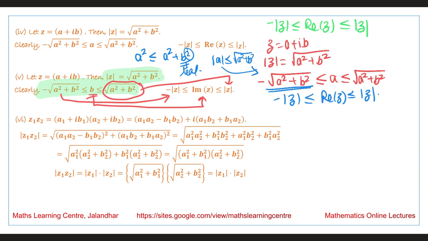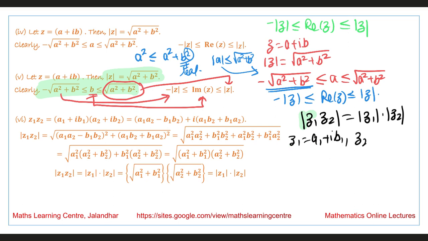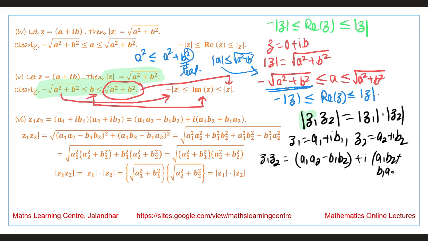Next, the next result we have to prove is that mod of z1 z2 is equal to mod of z1 into mod of z2. So if we take these two numbers, z1 is equal to a1 plus iota b1 and z2 is equal to a2 plus iota b2, and we multiply these numbers, we write z1 into z2, and the answer we have is a1 a2 minus b1 b2 plus iota times a1 b2 plus b1 a2.